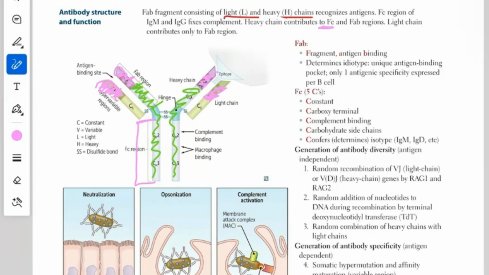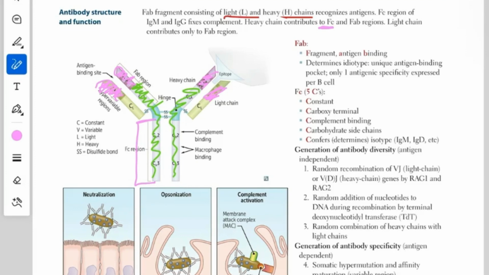The constant region functions with complement binding and binding to white blood cells, while the variable region, which forms the antigen binding site, contributes to binding to the antigen.